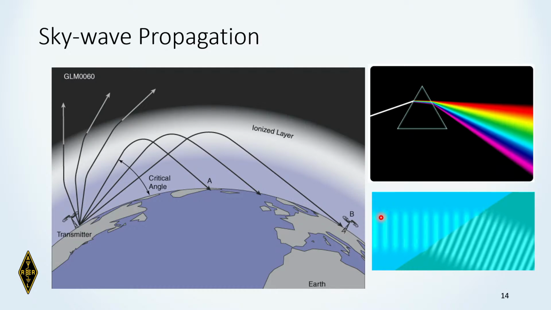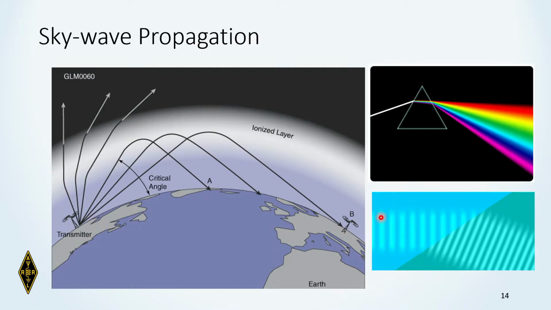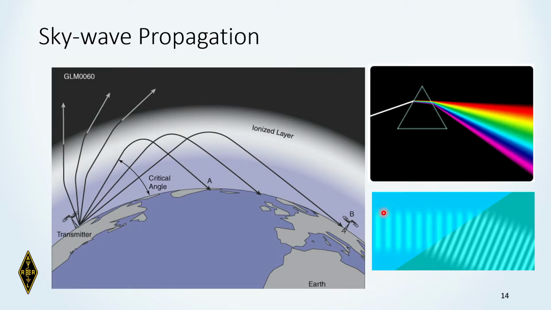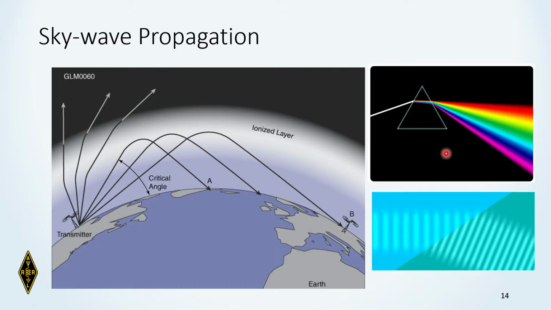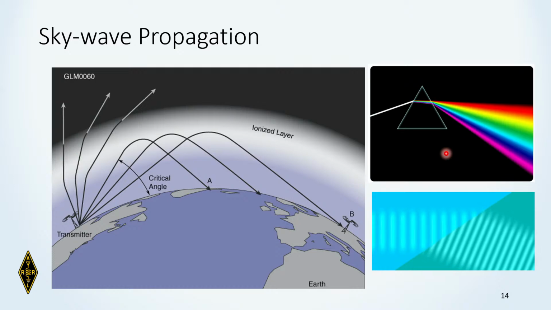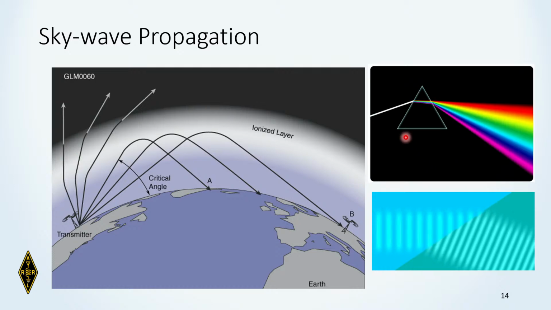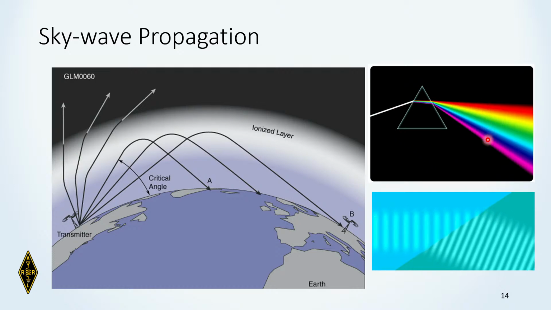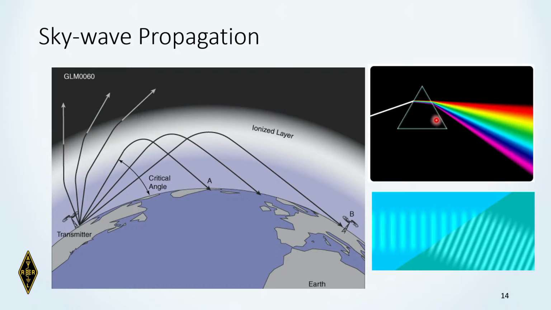Here we're getting into a little bit more on refraction. The prism analogy you've all seen in high school science, I'm sure. Light being split out into its component parts as a result of passing through a prism.